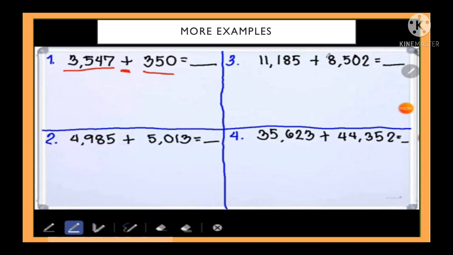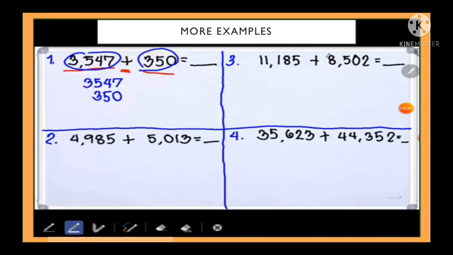Always, alright, always we will start here on the first number. Okay? So we have here 3,547. How about here in 350? We will start with the ones place. Alright, so I will copy first 0 and then 5 and then 3 to make it parallel to the first number.